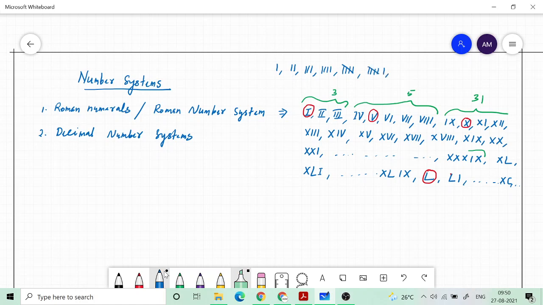So this is one of the very primitive number systems. So this is 6, and then you have 7, etc.